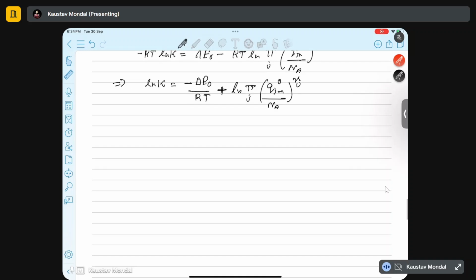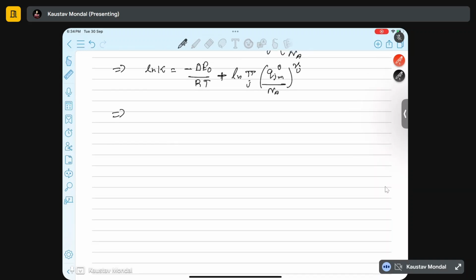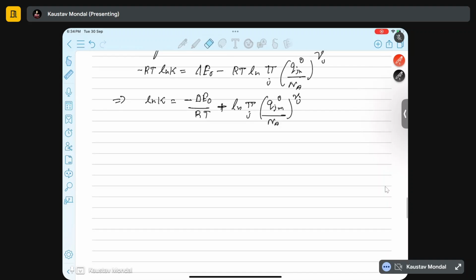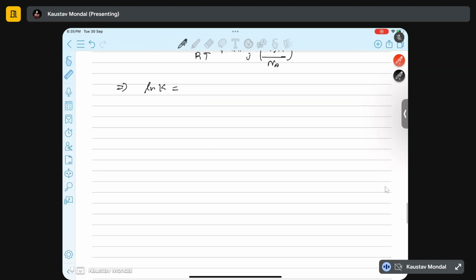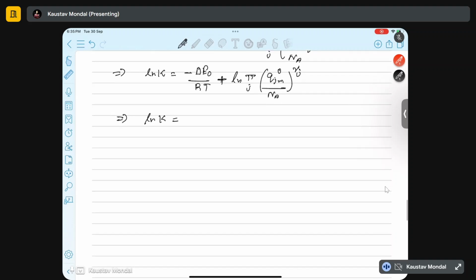Now we are doing this just to make the whole relation less complicated. We can write this in terms of exponentials, because we want to cut out the ln on both sides.